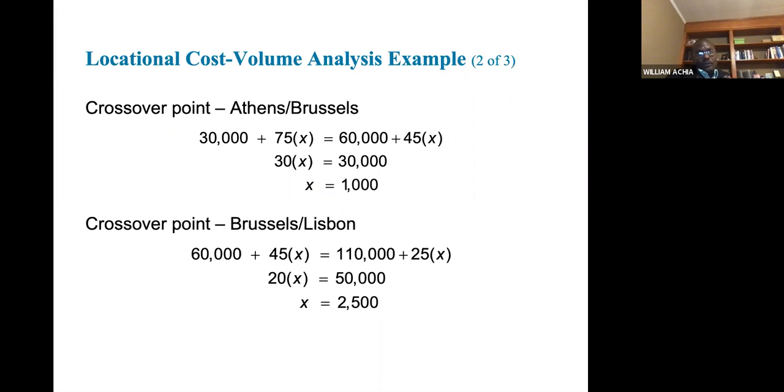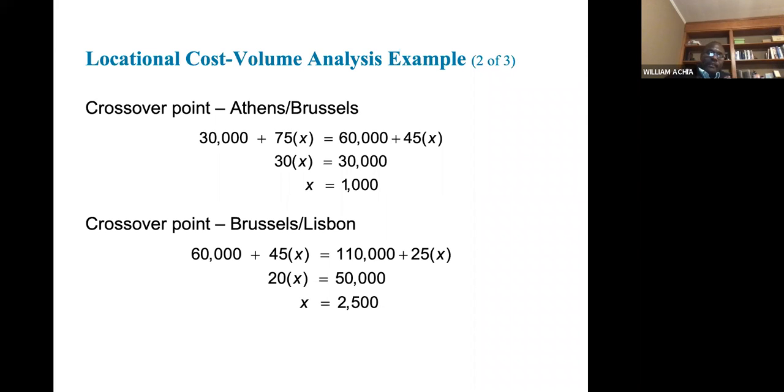For us to get that, we have to find the point where the total cost at Athens equals the total cost at Brussels. For Brussels and Lisbon, we can do the same: what's the point where the total cost at Brussels equals the total cost at Lisbon?